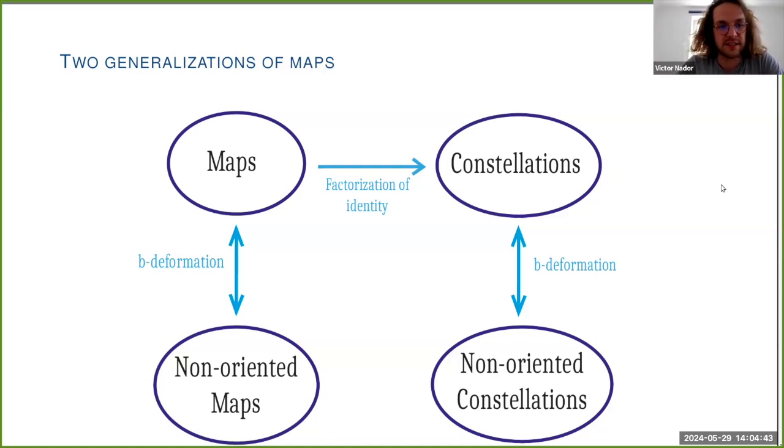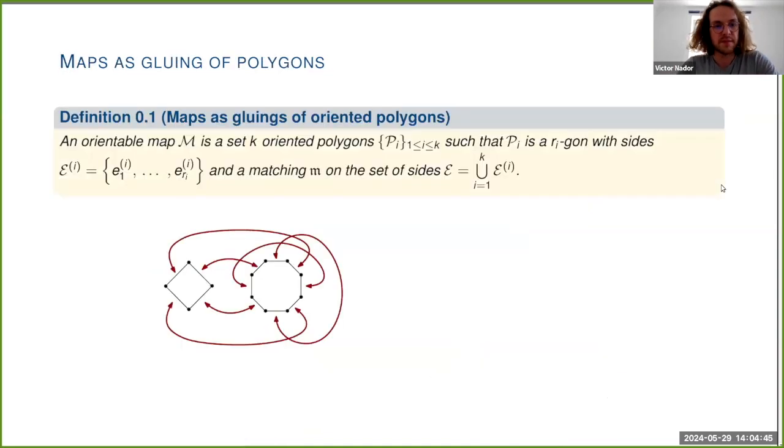Okay, so let's get started with orientable maps. An orientable map can be seen in different ways. One way to see it is that you take a collection of oriented polygons and you equip them with a pairing, a matching on the set of their sides, as indicated by the red arrows on my drawing.